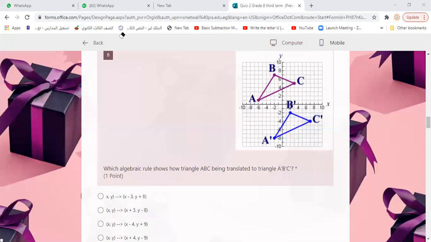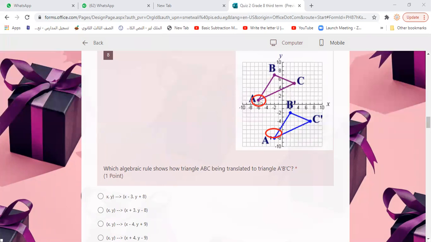Next question. In this question, which algebraic rule shows how triangle ABC is translated to triangle A prime, B prime, C prime? So in this question, we have to check where we can find A. This is the place for A, and this is for A prime. After that, we will note whether the point A moved to the right or to the left.